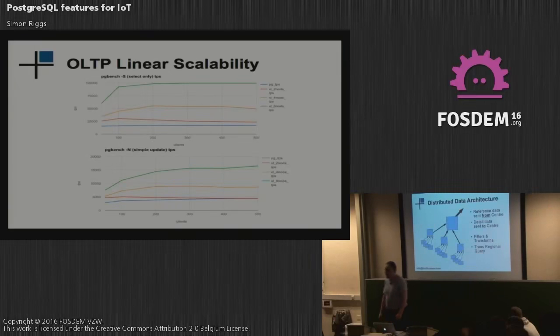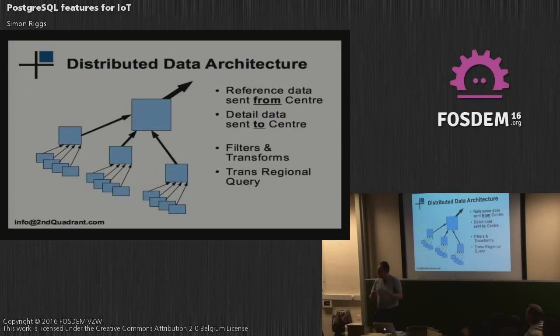One of the other things that we have recently released is a tool called PGLogical, which is a publish and subscribe data transport extension for Postgres. The idea here is that you'll be able to connect databases together into distributed data architectures.